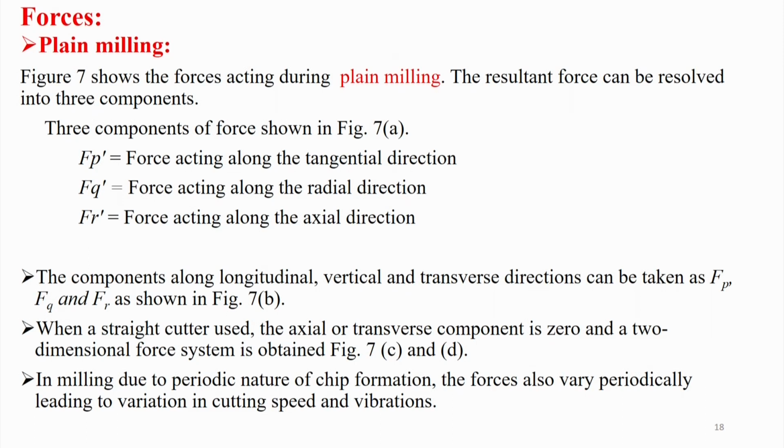When a straight cutter is used, the axial or transverse component is 0 and a two-dimensional force system is obtained, but we can use a helical one also. So, you have to get another component.